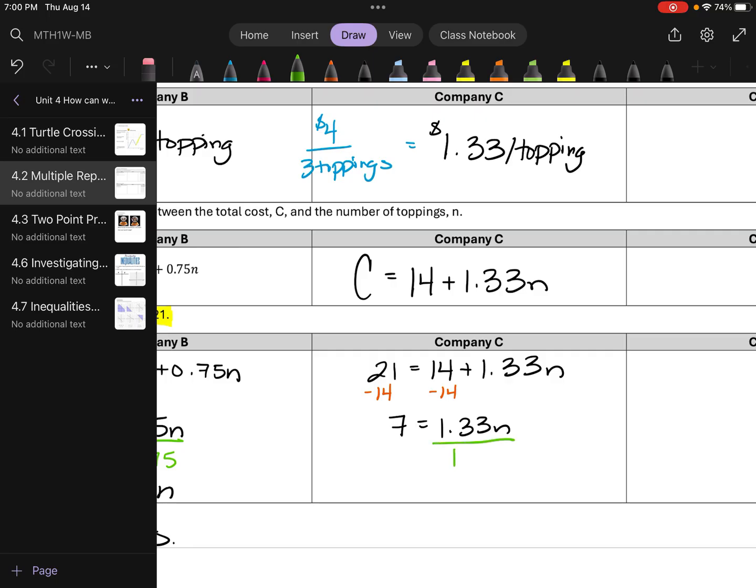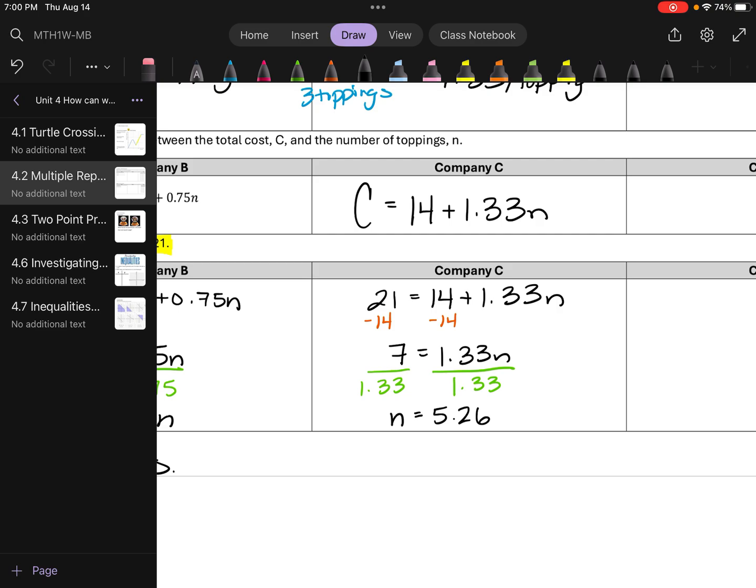Because this is being multiplied, the opposite of multiply by 1.33 is divide. So if I take 7 and divide it by 1.33, I end up with n is equal to 5.26. So this is therefore about 5 toppings, because we're not going to order partial toppings.